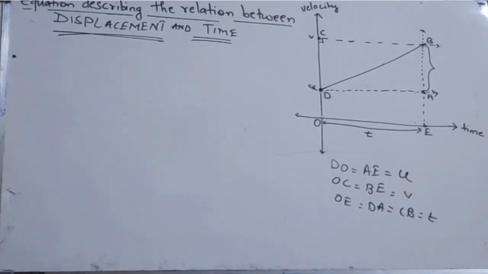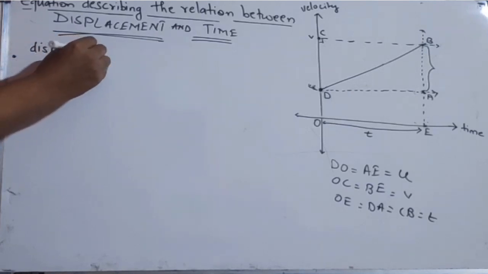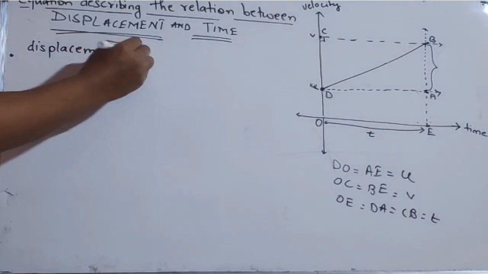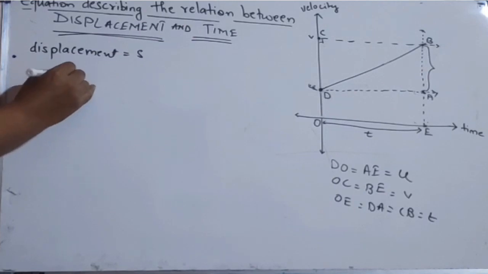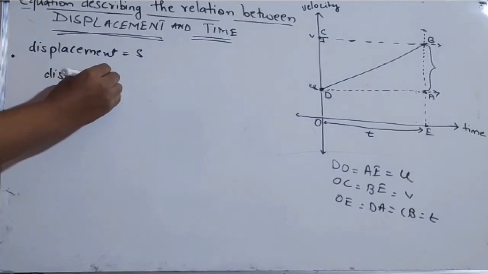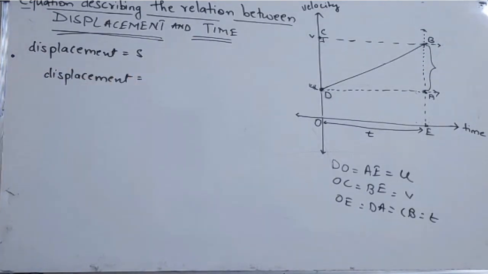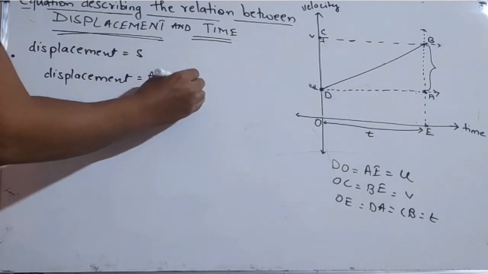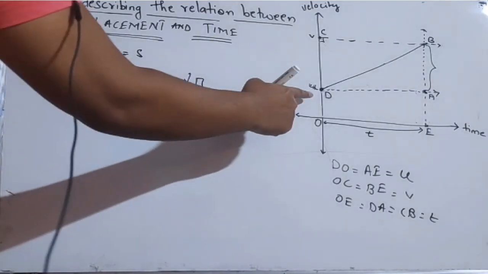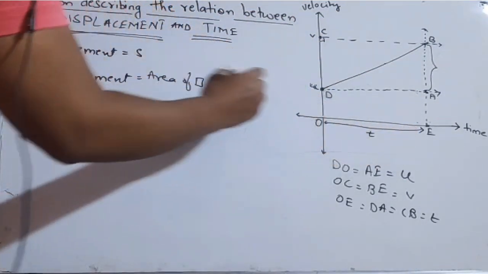Let that displacement be denoted by S. We can get this displacement by finding the area of quadrilateral DBEO.